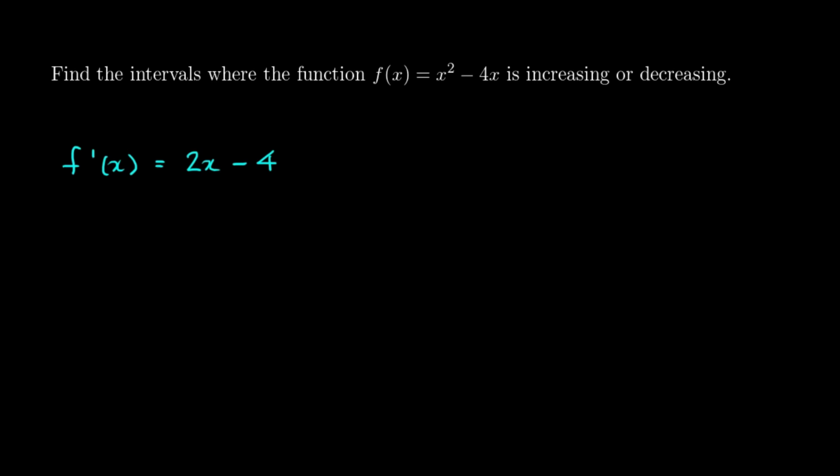And so I think the tool of choice here will be a number line. So if we draw a number line, this number line is going to reflect the signs of our first derivative, and show us where our first derivative is positive and where it's negative. So in order to set this up properly, we need to determine the critical values of our first derivative.